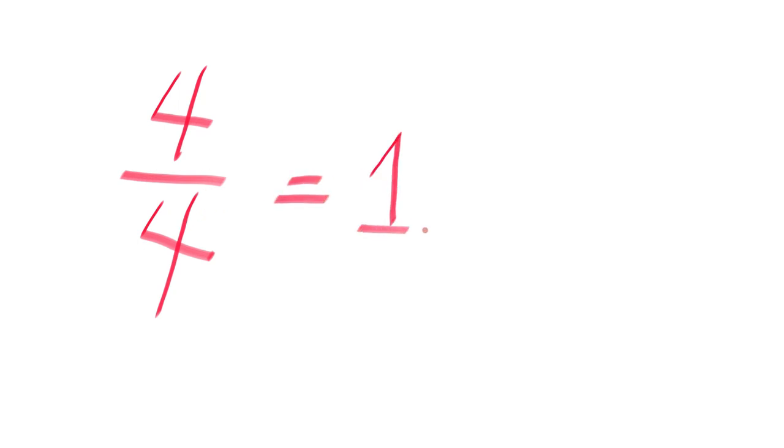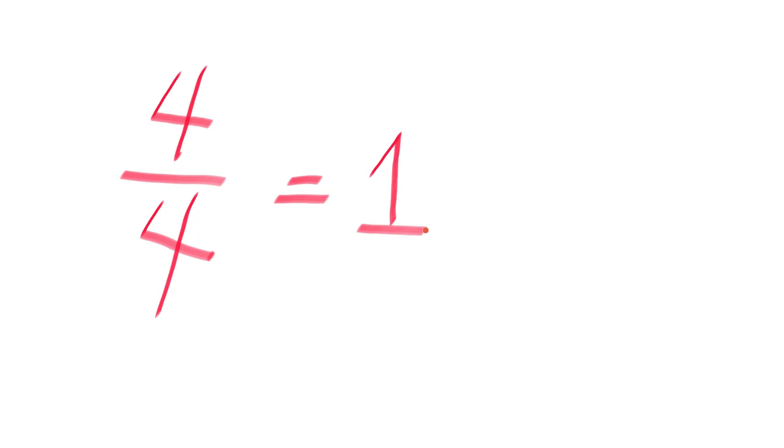Now, what if another improper fraction is whenever the numerator and the denominator are equal? How to simplify them? Always remember, if the numerator and the denominator are equal, if you divide 4 divided by 4, automatically the answer will always be 1.